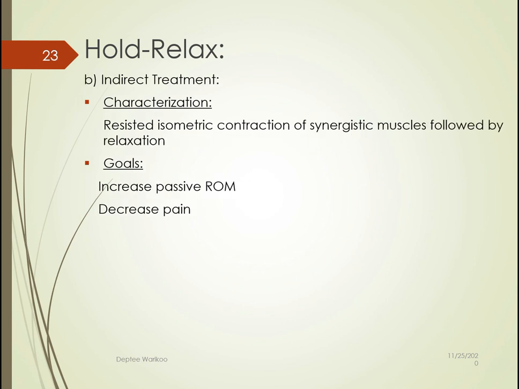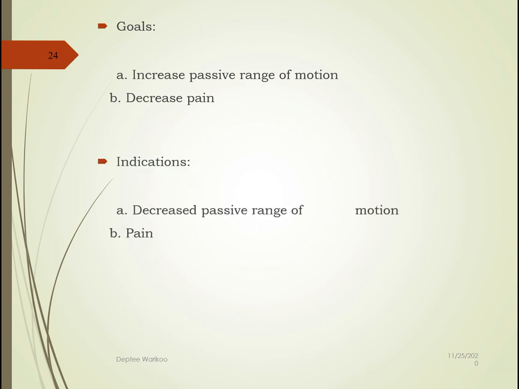Indirect treatment technique is when there is resisted isometric contraction of synergistic muscle which is followed by its relaxation. This will also increase passive range of motion and decrease pain. Before going into the next technique, the goals are the same: increase passive range and decrease the pain.